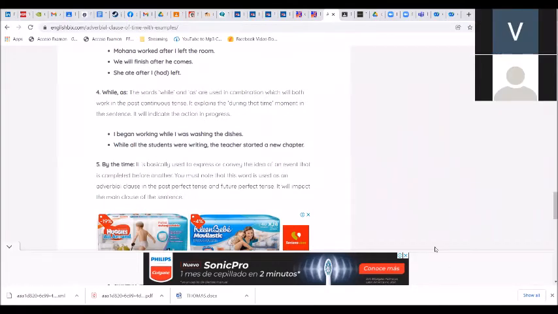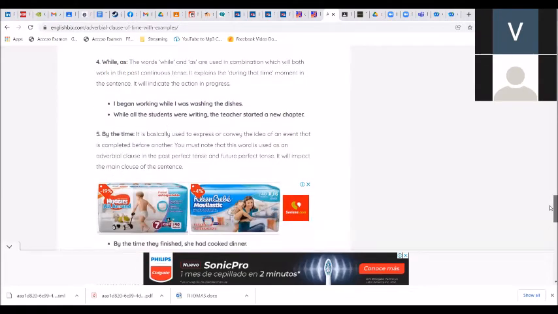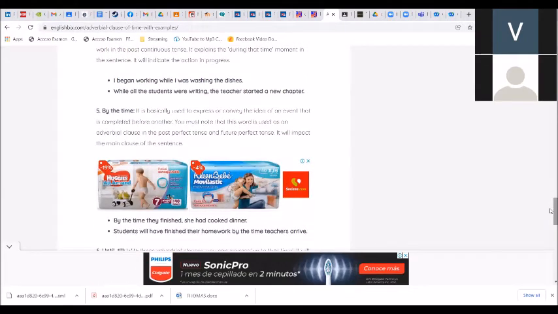By the time. Karen, number 5. It is basically used to express or combine the idea of an event that is completed before another. You must note that this word is used as an adverb clause in the past perfect tense and future perfect tense.